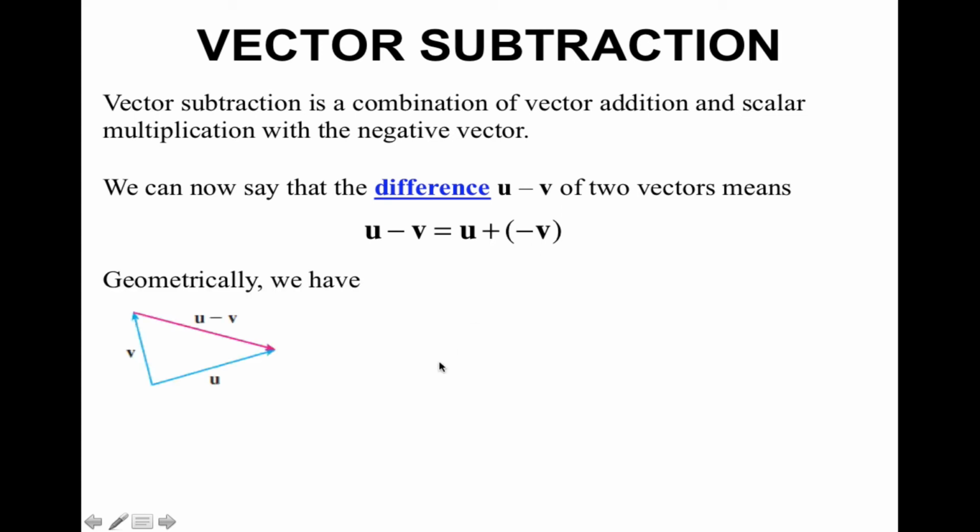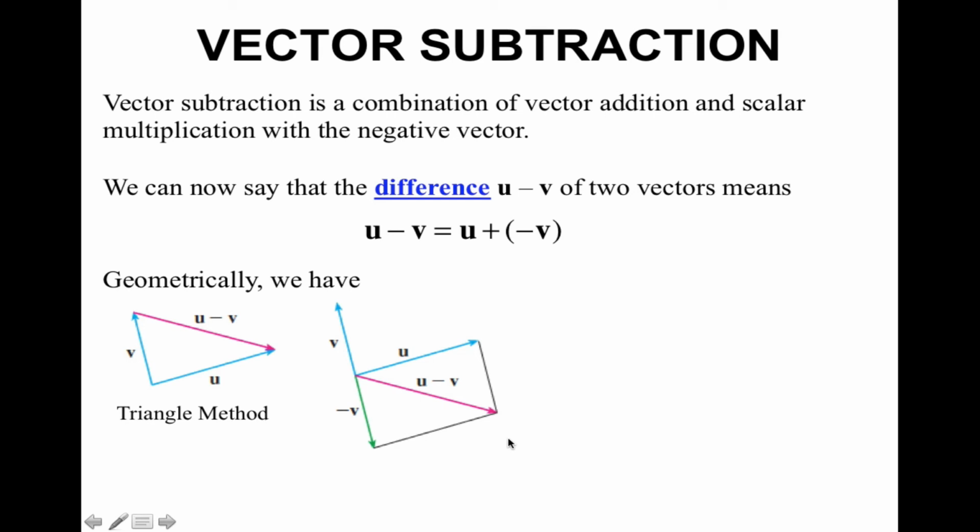Geometrically, this will look something like this. Here we have vector u and vector v. Therefore, if I was to add u and the negative vector of v, I would be going in this direction. So this is our triangle method.